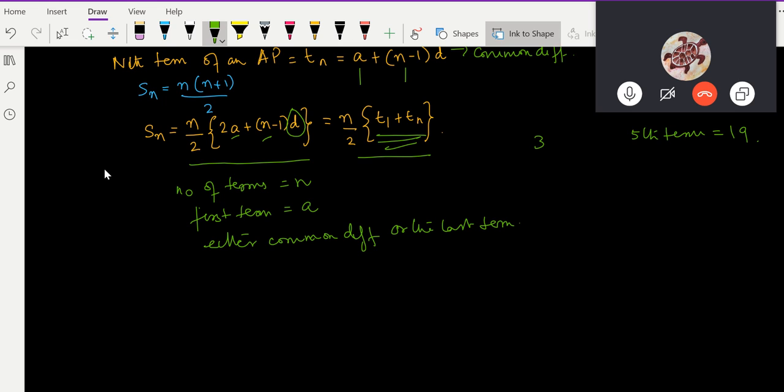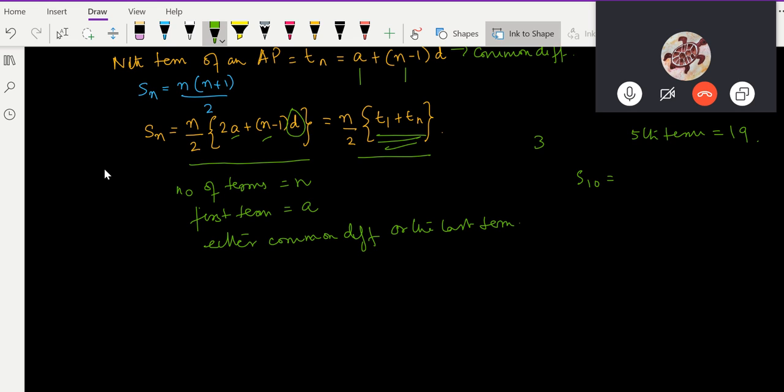Find the sum of the first 10 terms. So I have not given you the last term. I have not told you the common difference. This can also be a possibility, right? So how do we deal with this kind of problems?